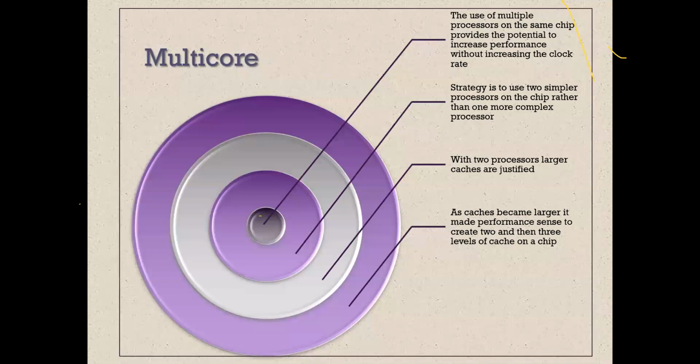Now we take a look at the multi-core again. So with all of the difficulties cited in the preceding slides in mind, the designers have to turn to some fundamental new approach aimed at enhancing the performance by placing multiple processors on the same chip with large shared cache system as well.